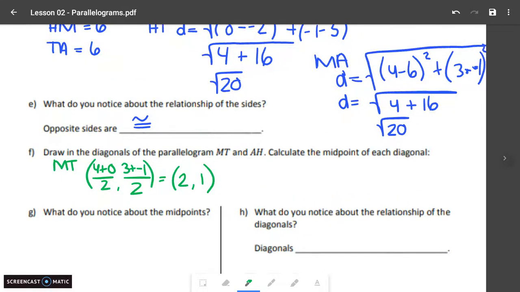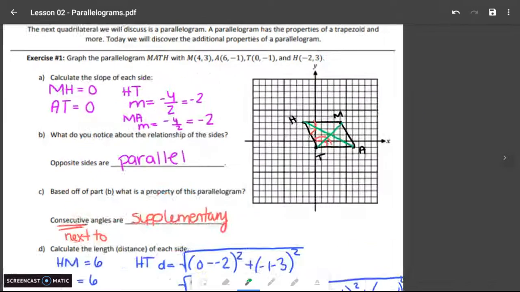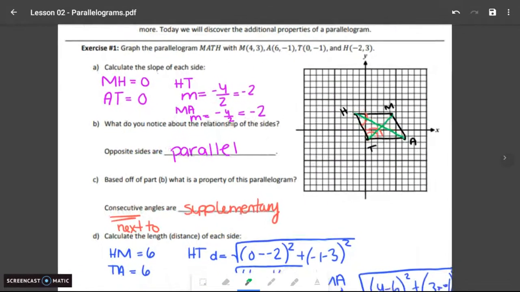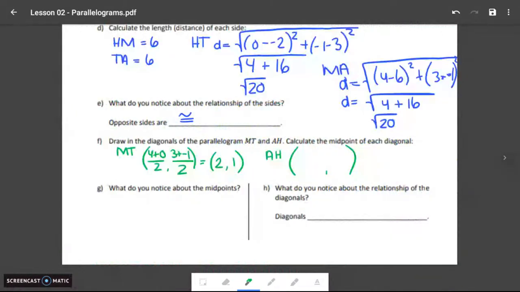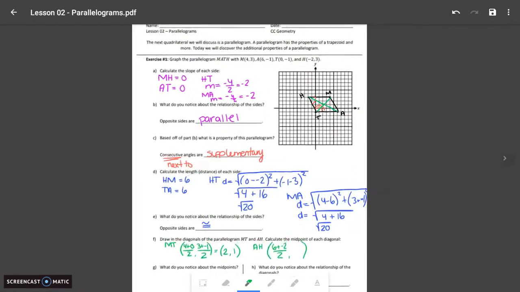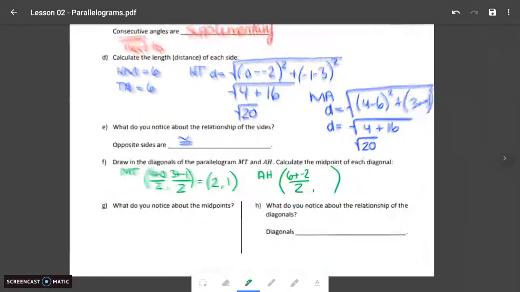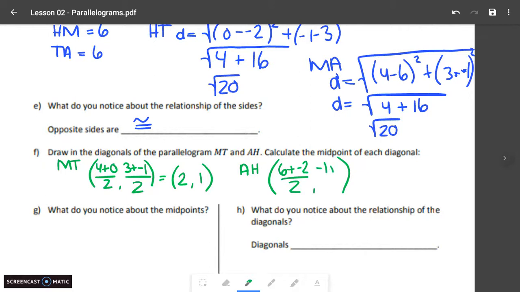If we do the same for AH, remember it's always a point because it says midpoint. So AH is 6 plus a negative 2 divided by 2, and negative 1 plus 3 divided by 2. And same thing, we're going to get 4 divided by 2 is 2, as well as 2 divided by 2, which is 1.